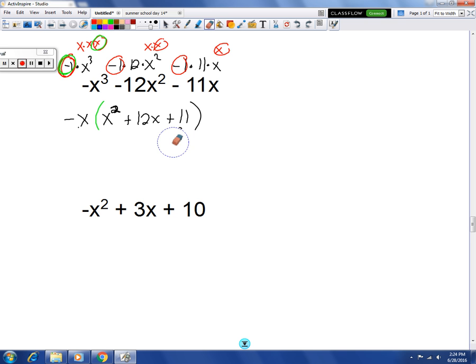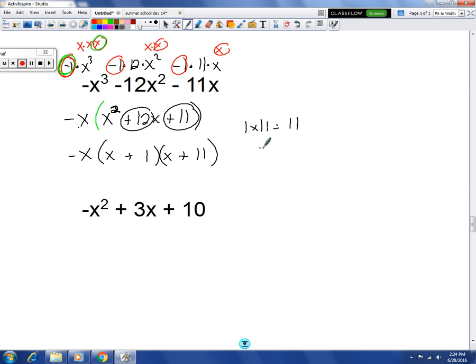And if you can pull out a common factor, these problems are really designed for you to factor further almost all the time. Positive 11 is a prime number. The only thing I multiply to make 11 is 1 times 11. That's a positive 12: 1 plus 11 is my middle number, 12.